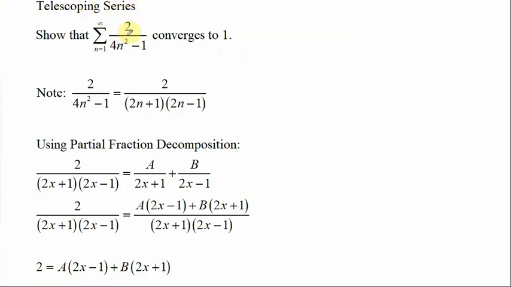And so the first thing we want to do is use what's called partial fraction decomposition to decompose the expression 2 over 4n squared minus 1. So 4n squared minus 1 is the same as 2n plus 1 times 2n minus 1.